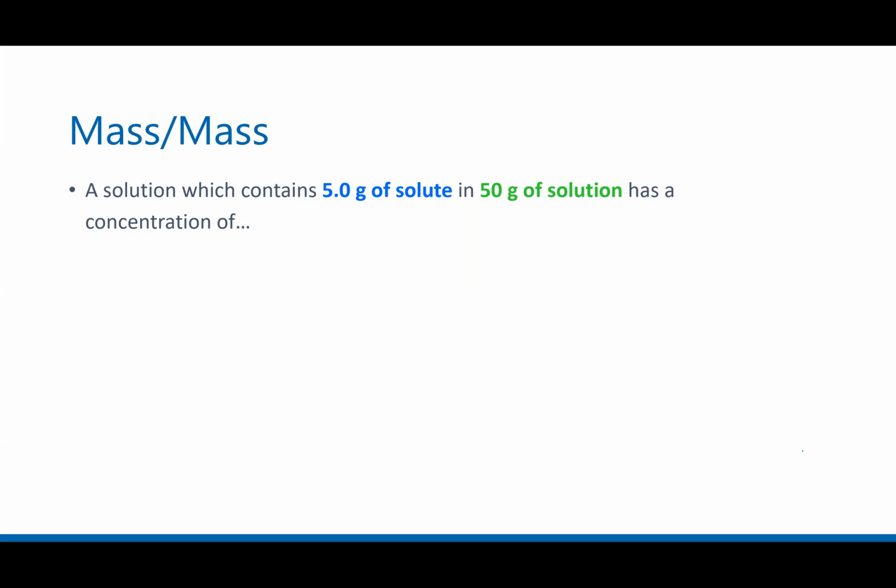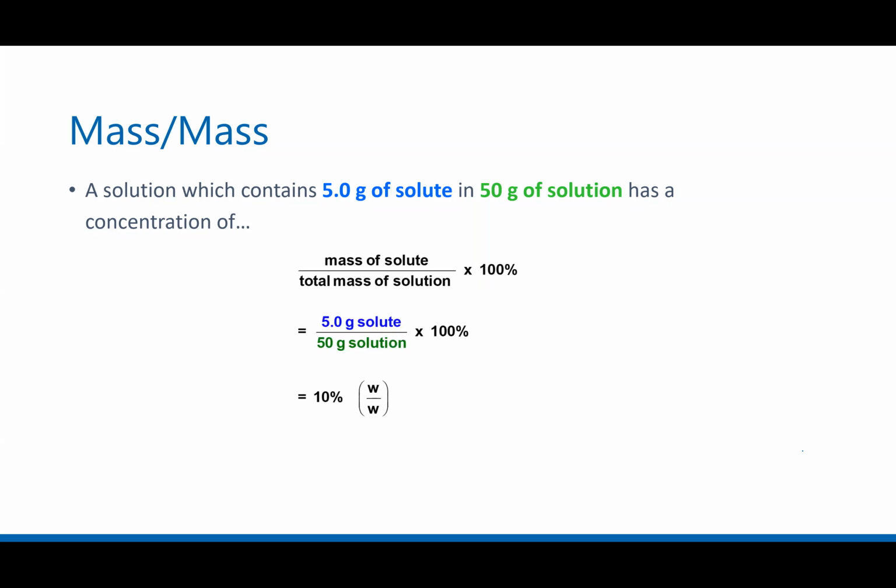What percent of this solution is the solute? So I take my 5 grams, I divide it by the entire mass of the solution, and I multiply by 100%, and I get 10%, and that's it.